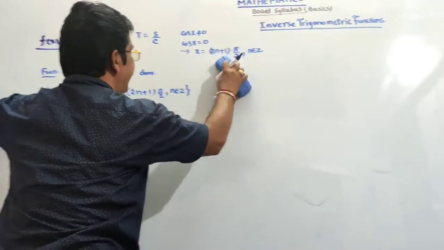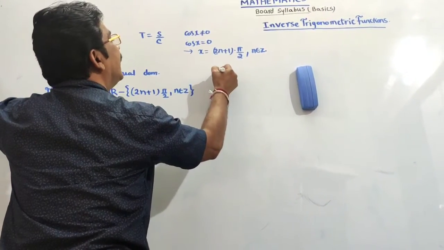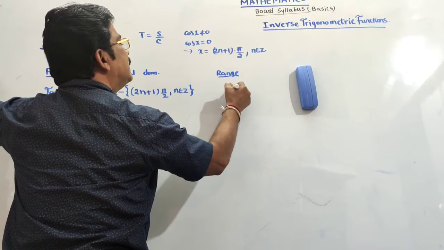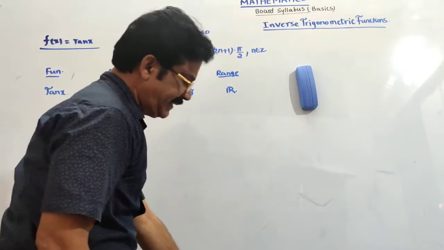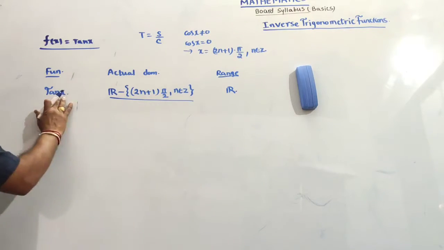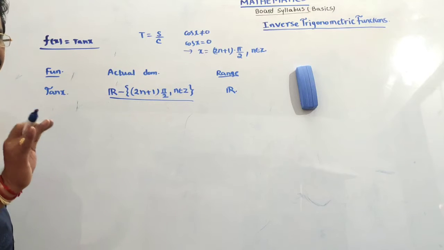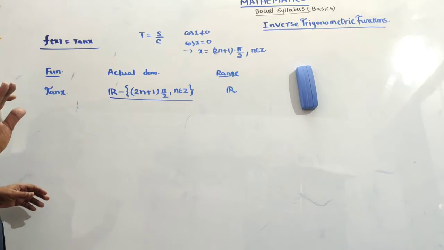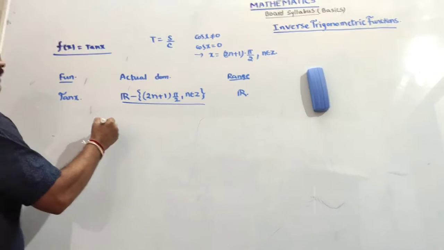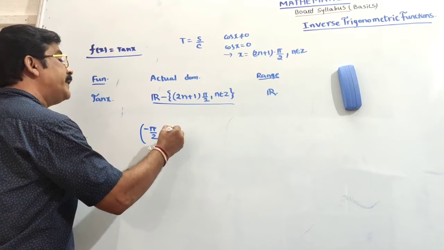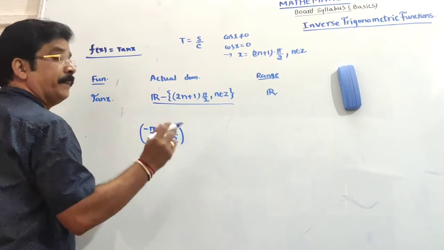Next, range. Here the range is the set of real numbers. Once again, same discussion: in this area, tan x is not a bijective function. So we simply consider the principal value branch. What is the principal value branch? No confusion.